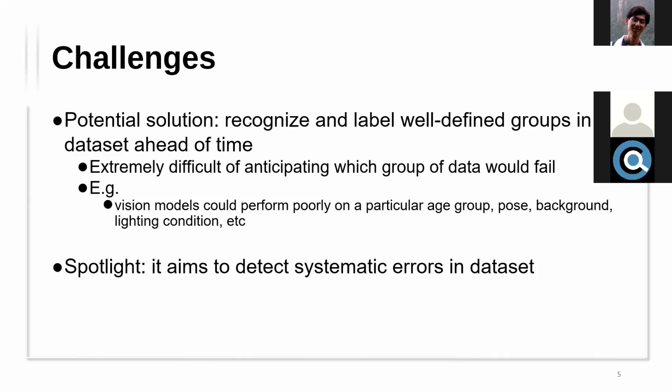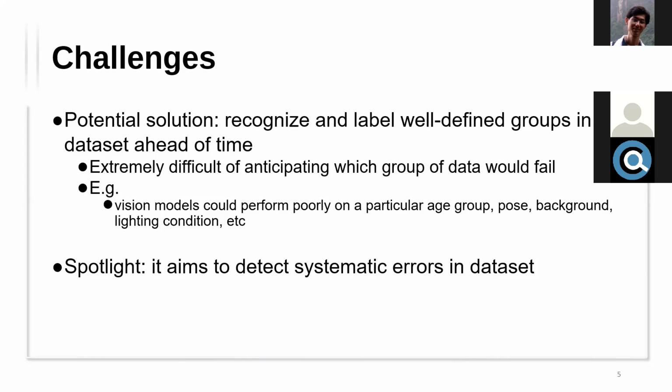Yeah, but the problem is it's extremely difficult to anticipate which group of data would fail. Like in the vision model we mentioned before, you don't know whether the model would perform poorly on a particular group, like different age, pose, background. You just don't know that.